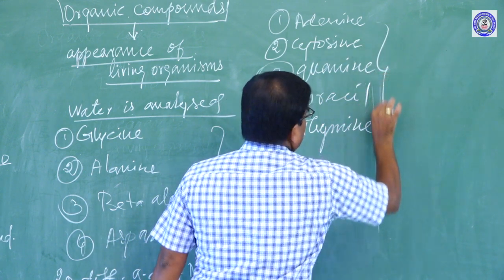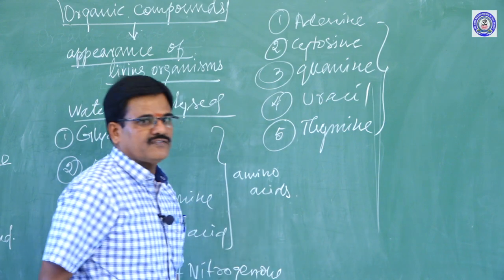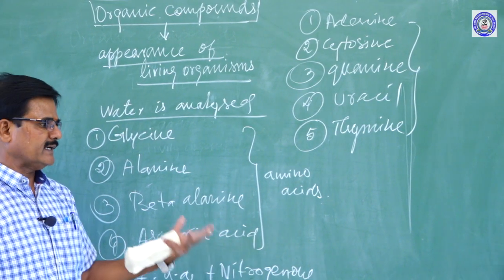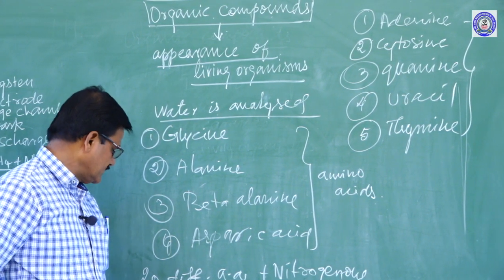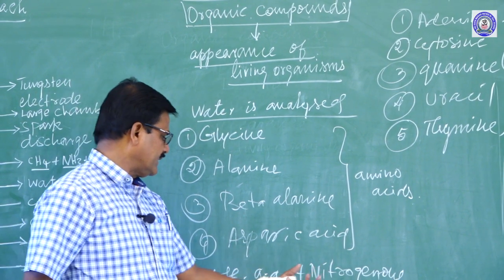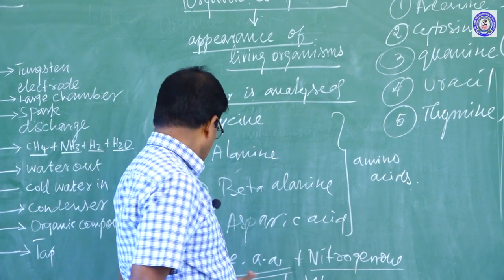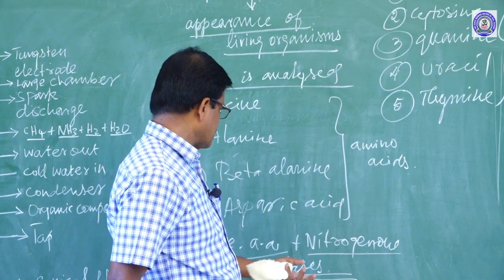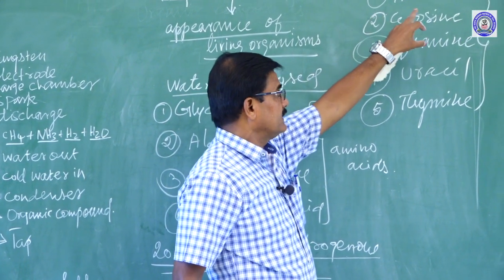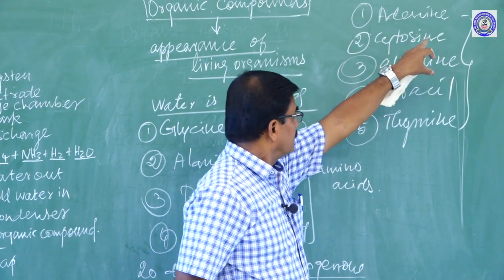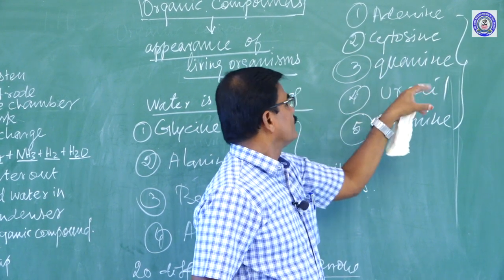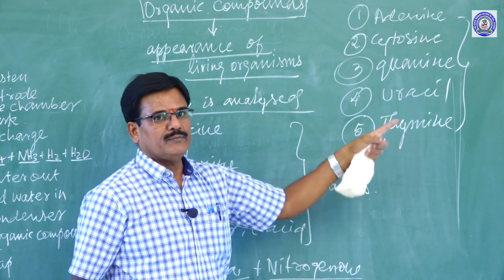These are all nitrogenous bases. Further experiments were conducted by them. They found 20 different types of amino acids plus nitrogenous bases. The nitrogenous bases are adenine, cytosine, guanine, uracil, thymine.